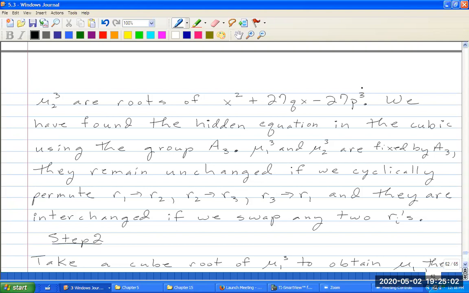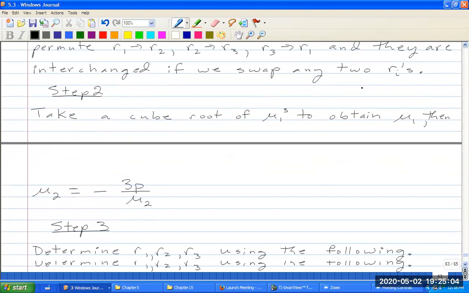Next, call those roots mu 1 cubed and mu 2 cubed. Take a cube root, any cube root, of mu 1 cubed and you'll obtain mu 1. Then, using the fact that we had above, let mu 2 equal minus 3p over mu 1. So now you know what mu 1 and mu 2 are.